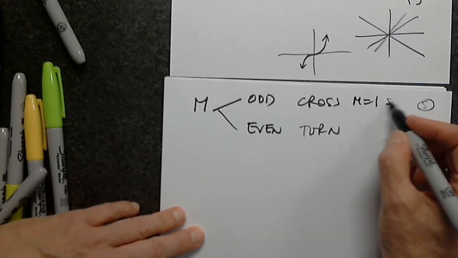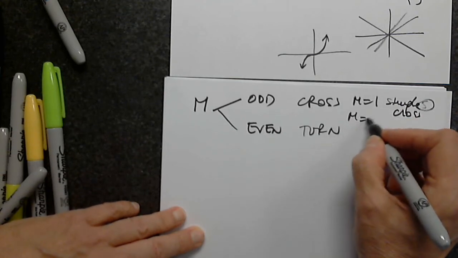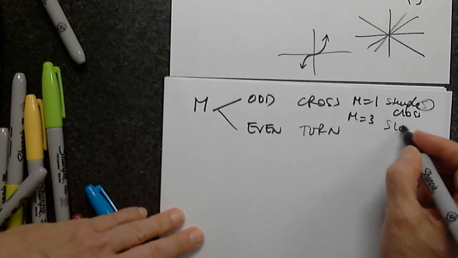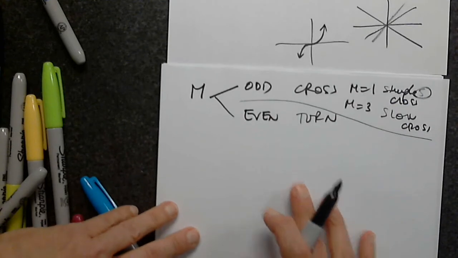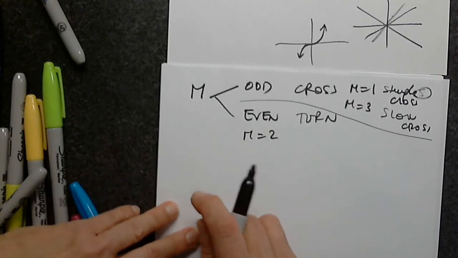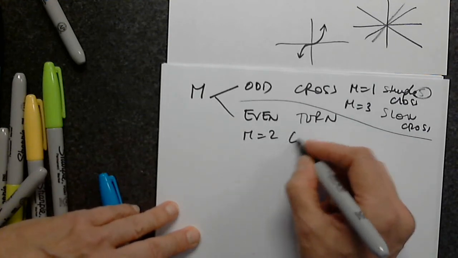Just simple cross. If the multiplicity is 3, what will happen there? It's going to be a slow cross. Even is a turn. If the multiplicity is 2, what will happen there? Like x squared, quick turn.